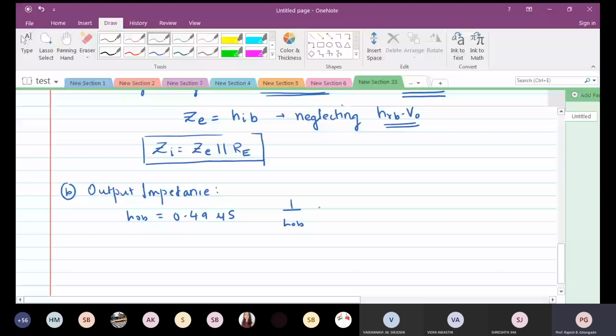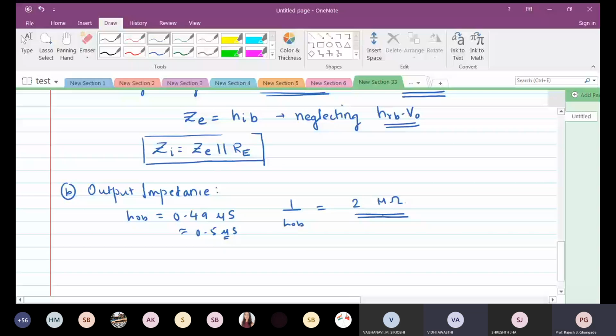Call this nearly equal to 0.5 for the time being. So 1 by HOB is 2 mega ohms. Don't forget this micro, okay, which is a large quantity.